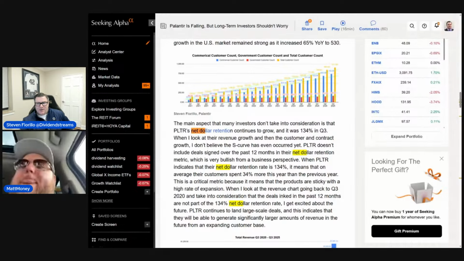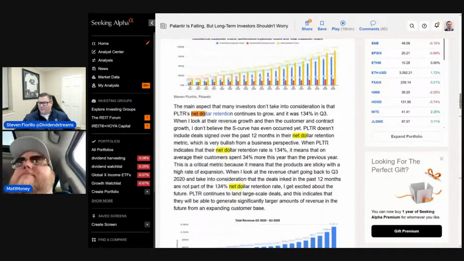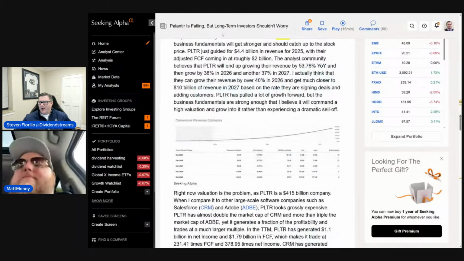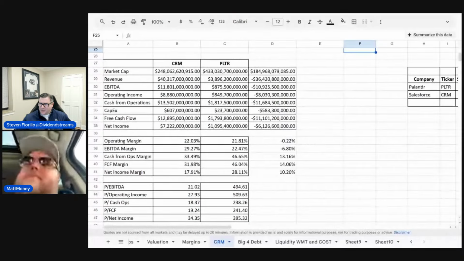So I understand why there's a lot of excitement with Palantir, and I think it's an incredible company. I do think it's very expensive, though, for where the market cap is. And this is where I guess I look at things differently than a lot of people, because when you look at the market cap of Palantir and Salesforce, Palantir's market cap is an additional $185 billion.